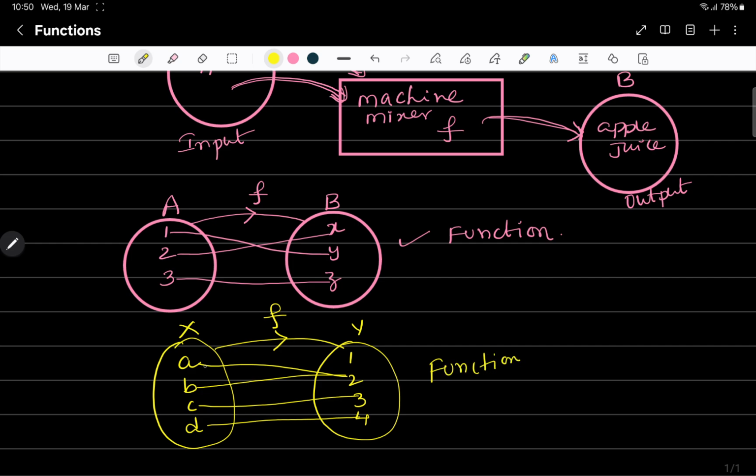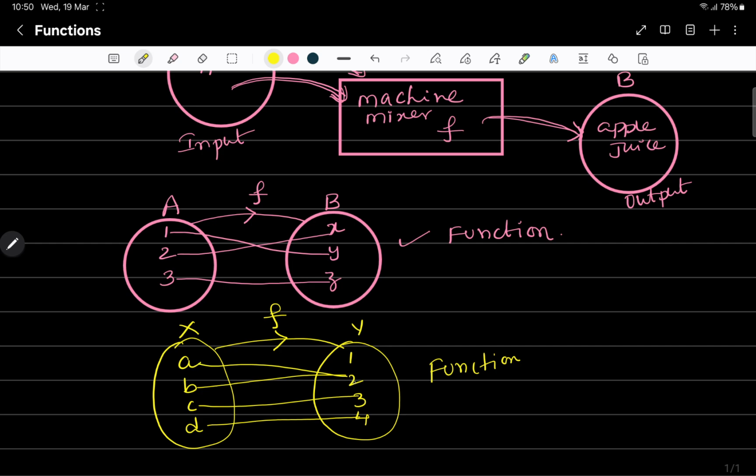See here, a having relation with how many numbers? Only one number. B having relation with how many numbers? Only one number. C having relation with only one number, 3. D having relation with only one number, 4. See, every letter having relation with only one number. Maybe a number may repeat.